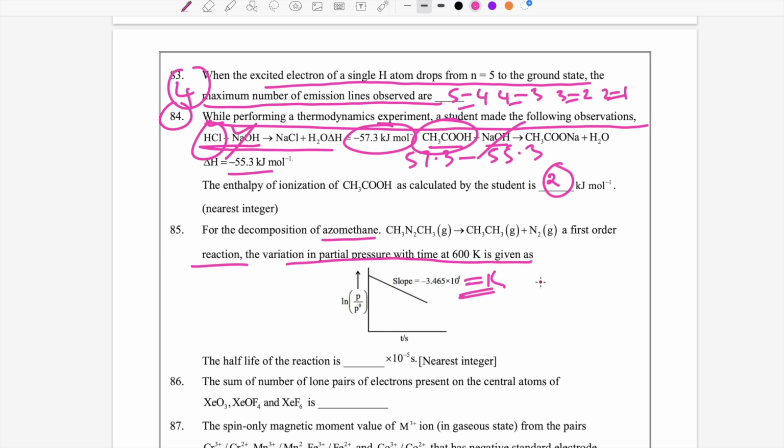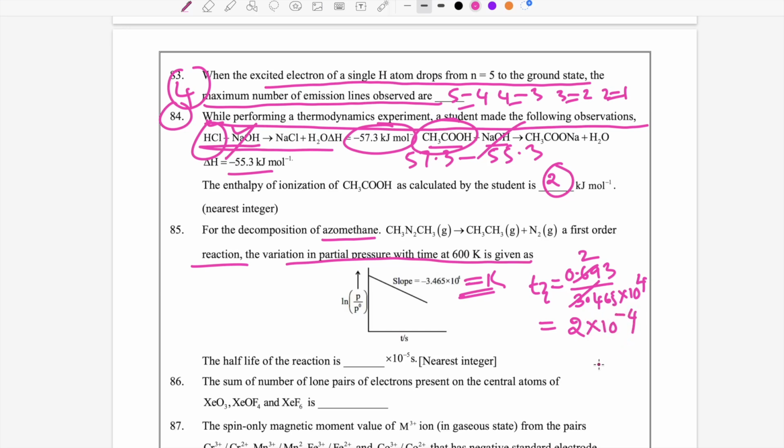So obviously t half equals 0.693 divided by the value here, 3.465 into 10 power 4. On solving this, what will we get? It will be about 2 into 10 power minus 4.